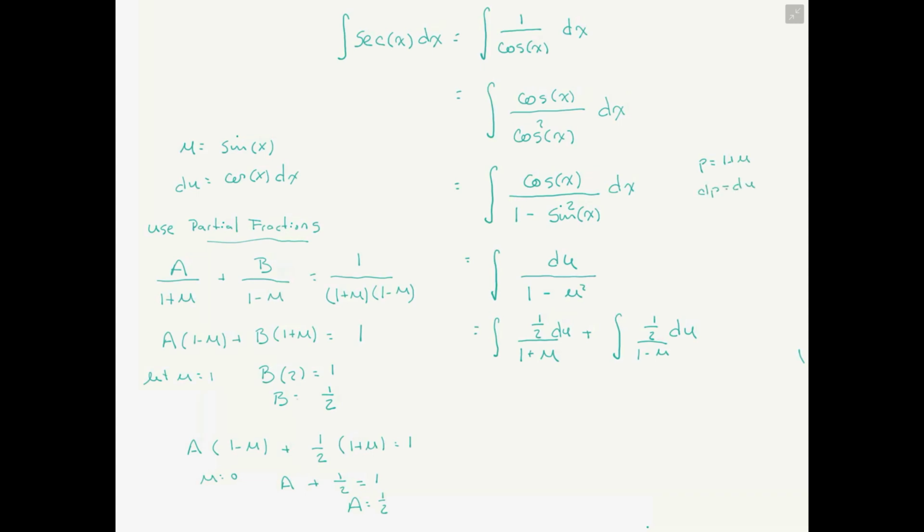It's not a simple process integrating the secant of x dx. And we now use another substitution. I use p as a variable and q because I have the two integrals to resolve.